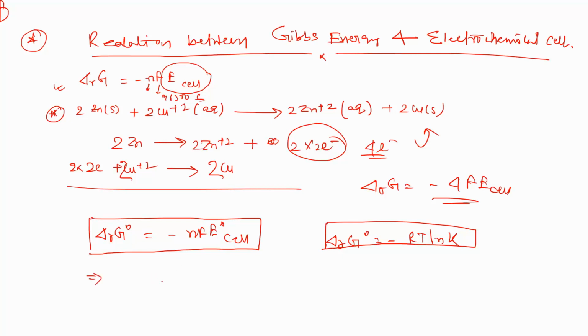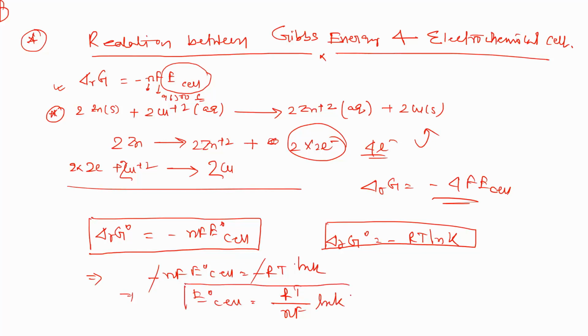If we equate the previous equations, this minus will cancel out. So E0 cell will be RT by nF ln K, where K is the equilibrium constant. So from that equation we can also write the relation between E0 cell and the equilibrium constant.